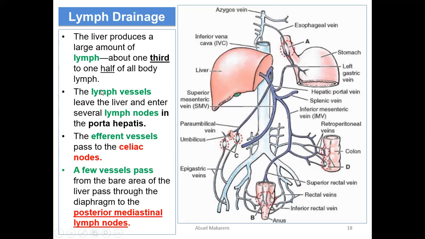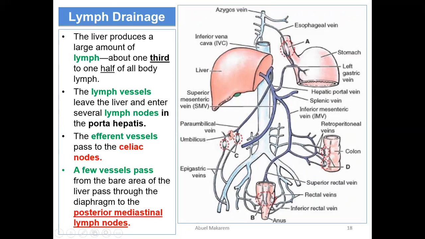The lymph vessels leave the liver and enter several lymph nodes in the porta hepatis. As we saw, the porta hepatis is the hilum of the liver, where the lymph vessels drain to the lymph nodes present in the porta hepatis. The efferent vessels pass to the celiac group of lymph nodes.